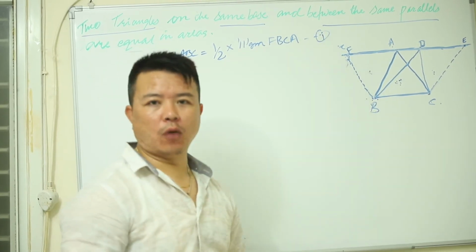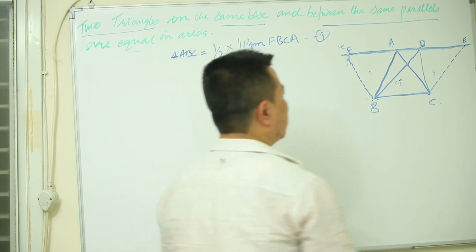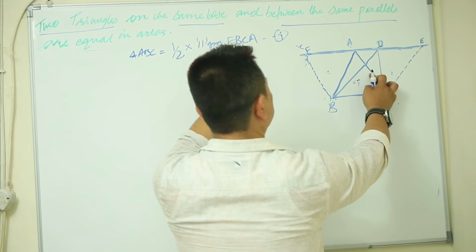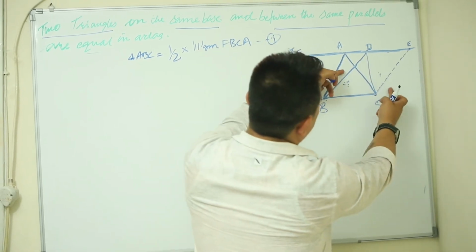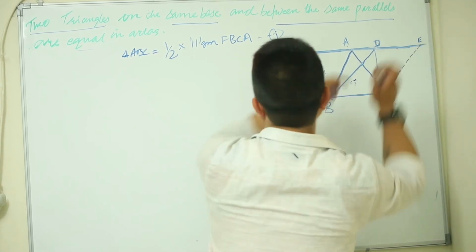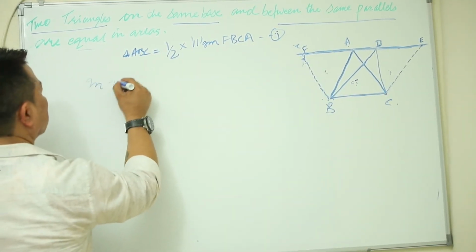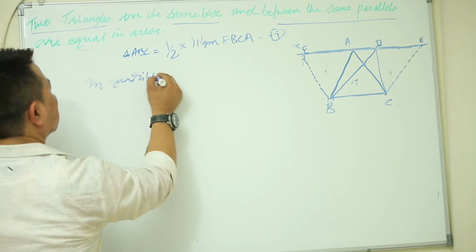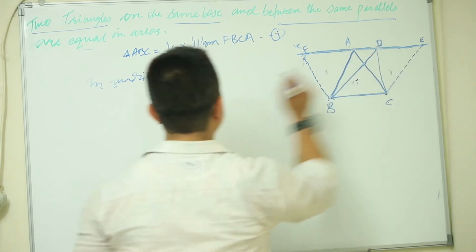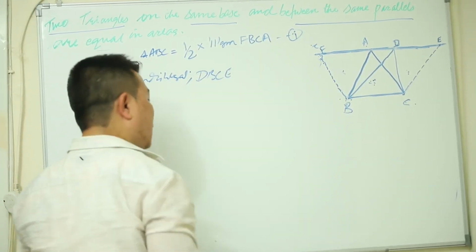Now you can take another quadrilateral. You have taken this quadrilateral and come to equation number 1. Now you can take another quadrilateral, DBCE.